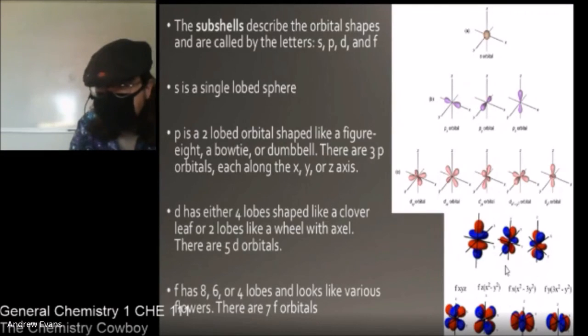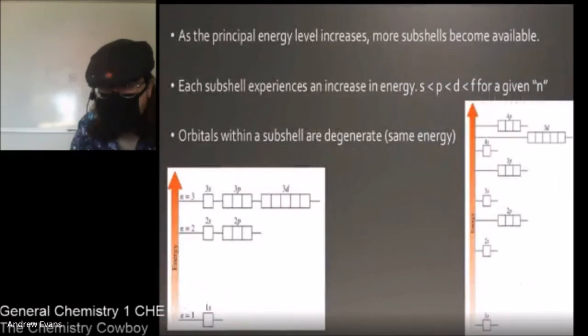We typically will not see F. D is hard enough. I won't expect you to know the XY or the PX, PY. Just recognize there are 3 P orbitals, 5 D, and 7 F. We probably won't even see F that much, but it's good to know.